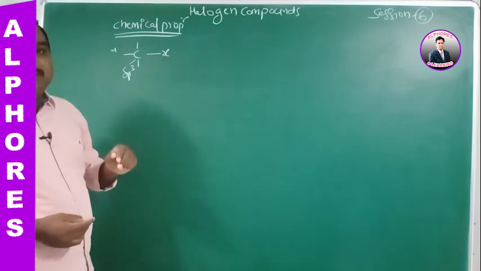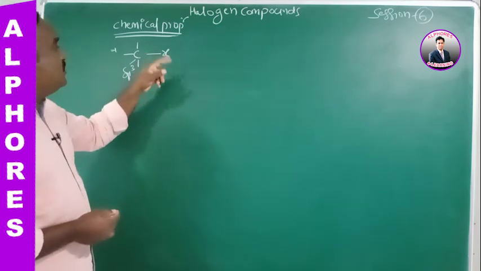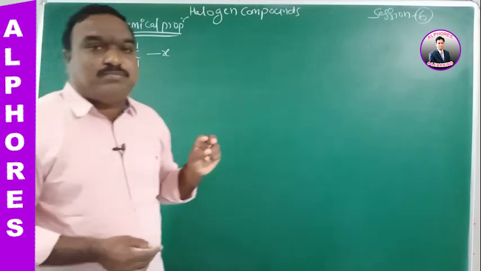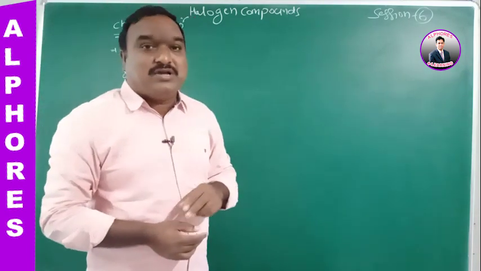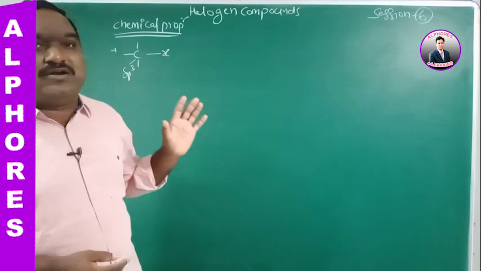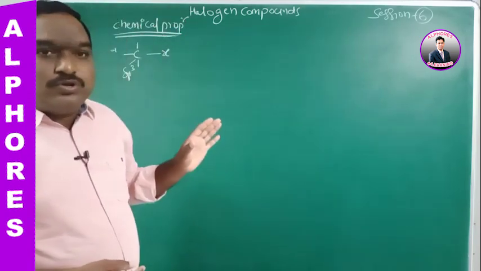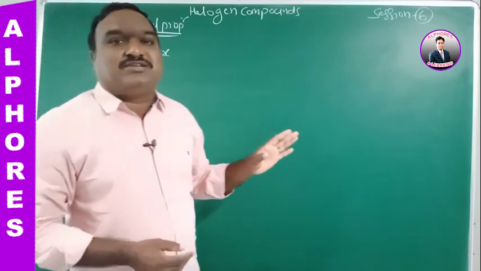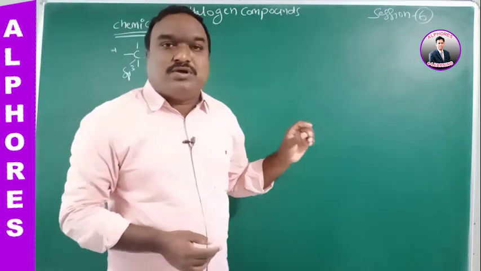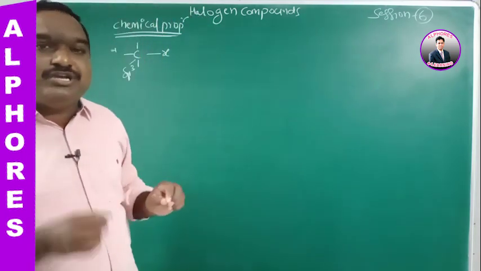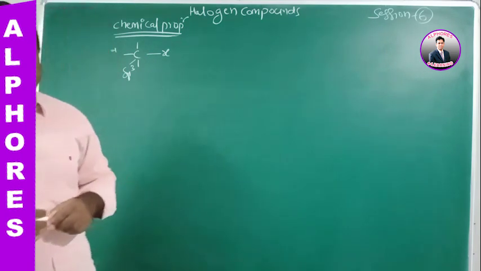According to that concept, the bond undergoes heterolytic cleavage but not homolytic cleavage. There is unequal distribution of electrons between carbon and X whenever the bond undergoes cleavage.